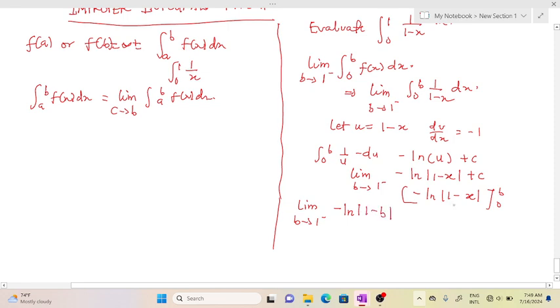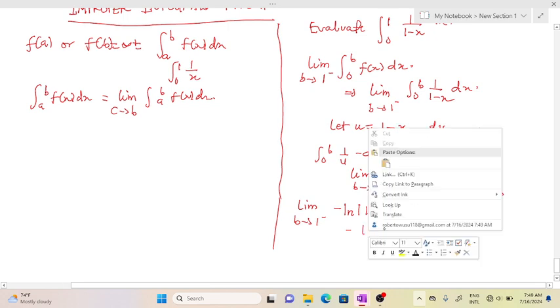Then when I put 0 here, I'll be getting 1, and you know that ln 1 is 0, so we will not focus on that. Then here, we put our 1 inside, and that will give us negative ln 0.